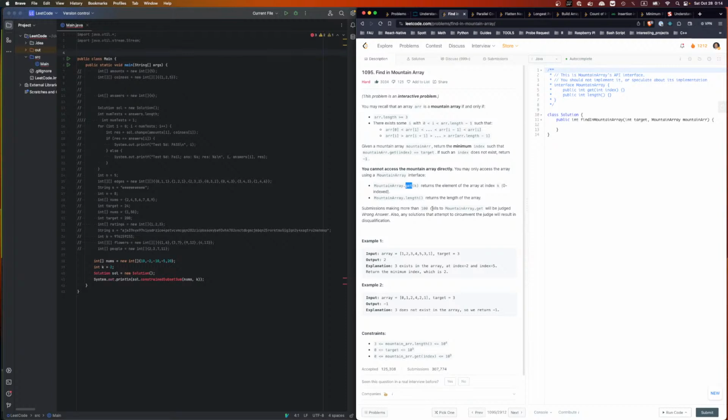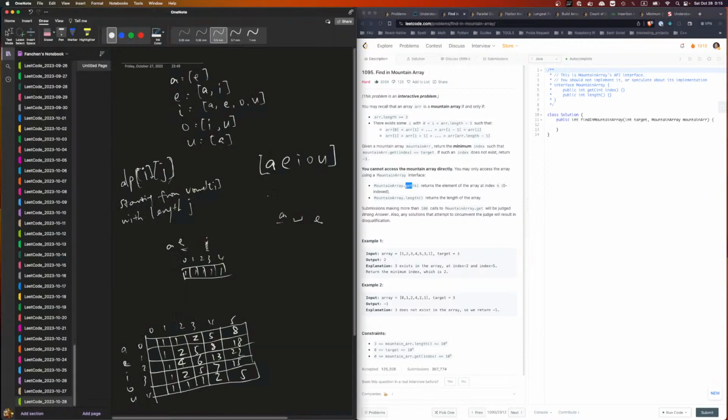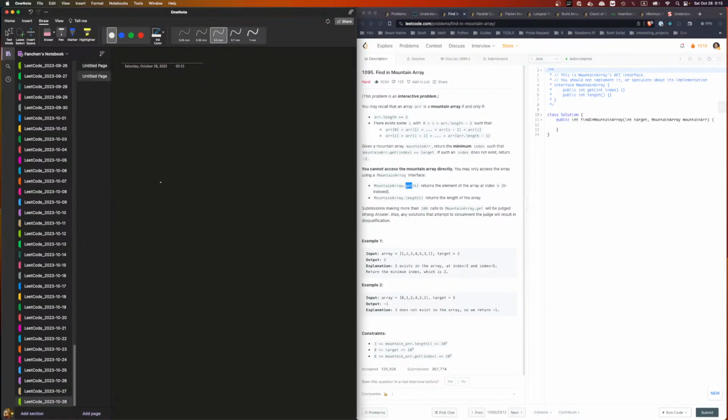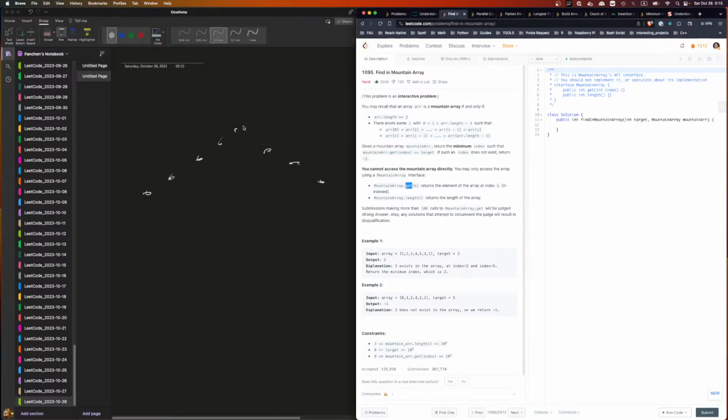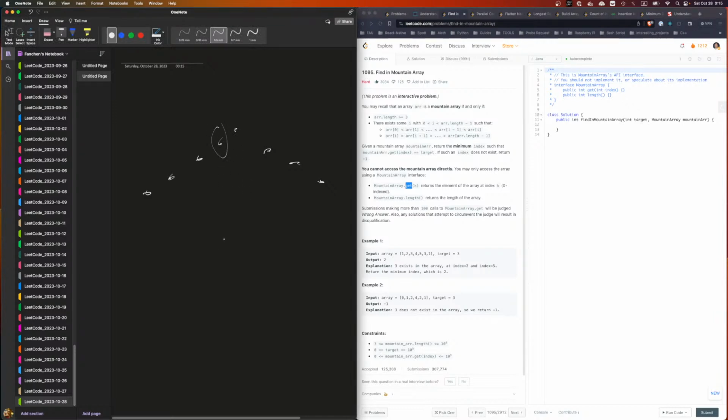I remember the idea is to first find out where the peak is, right? So we have a mountain array, and we need to find a peak. We pick the one in the middle and say this is the peak, okay?